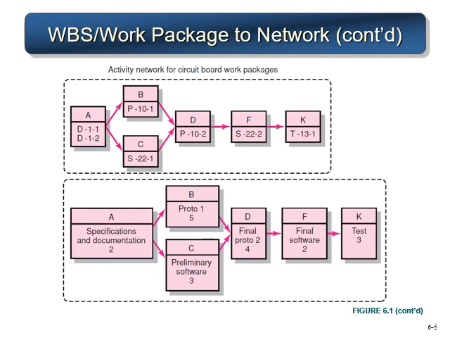In this slide we see the different activities which are part of this network. Again, the network is meant for building a circuit board. The activities are activity A, B, C, D, F, K, and the arrows show the connection of one activity to the next activity.